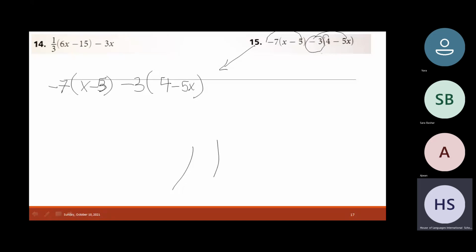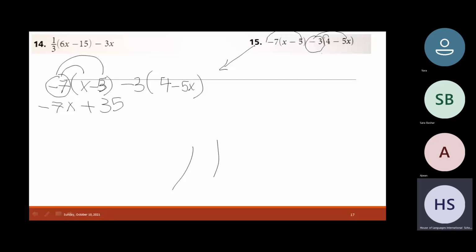We have to multiply negative 7 by x and negative 7 times negative 5. Negative 7 times x, negative 7x. Or negative 7 times negative 5, positive 35.